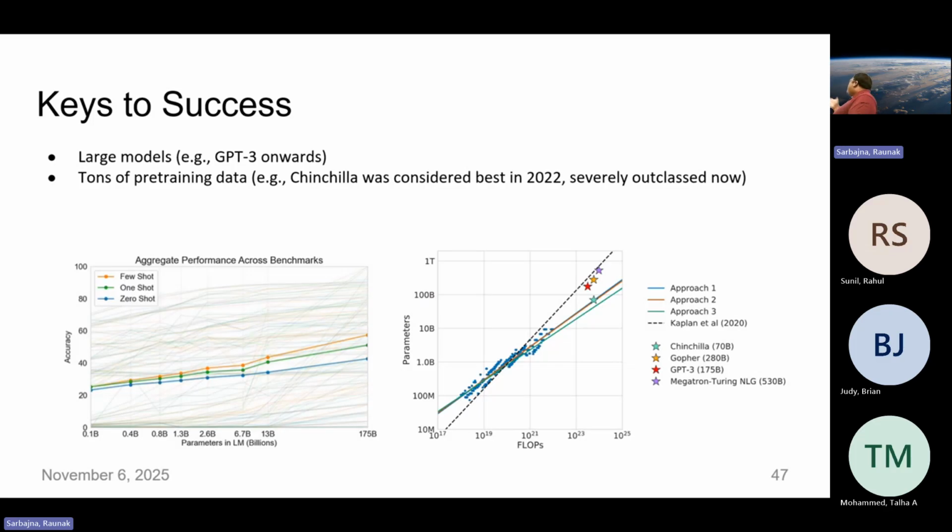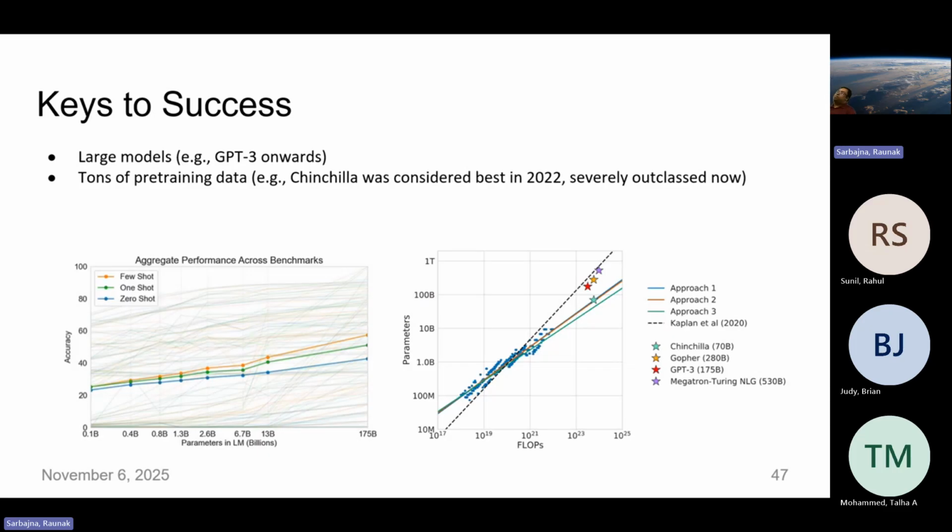So you can see how many floating point operations per second you need to train these models, right? This is from 2022, and you can already see how big these models are. They have 280 billion tokens. The Gopher model, the Chinchilla model, which was very famous in 2022 because it was very efficient, is now completely outclassed.